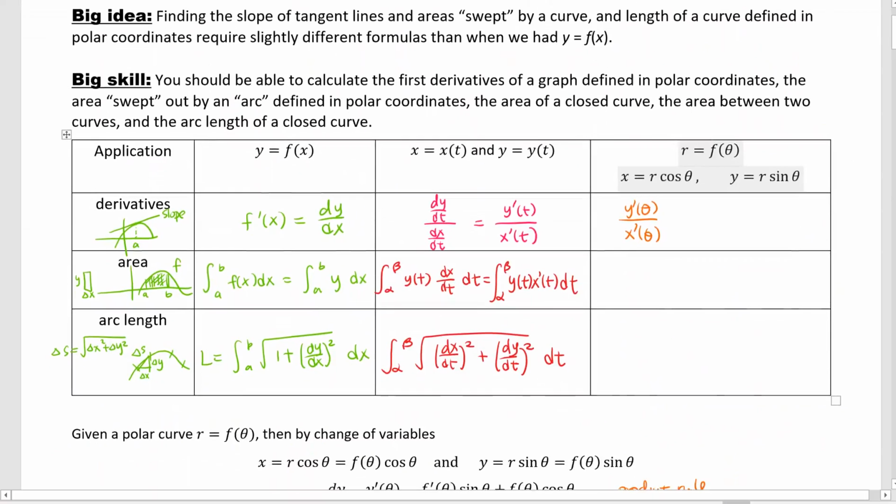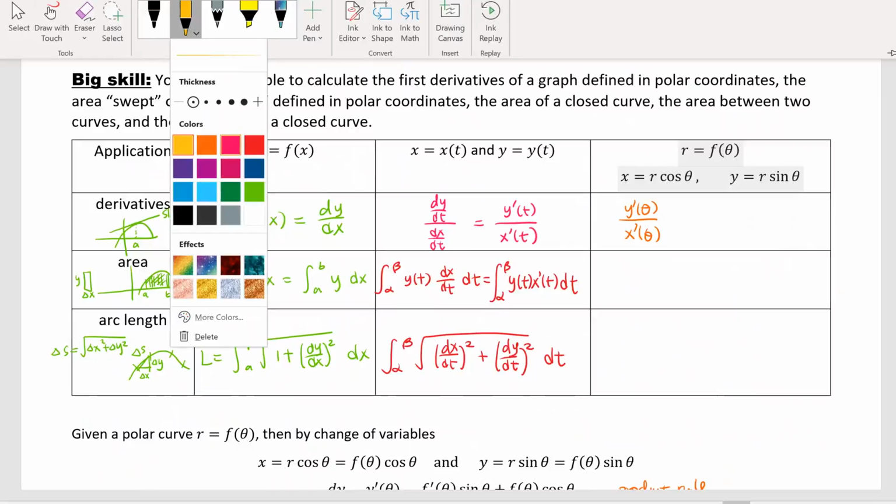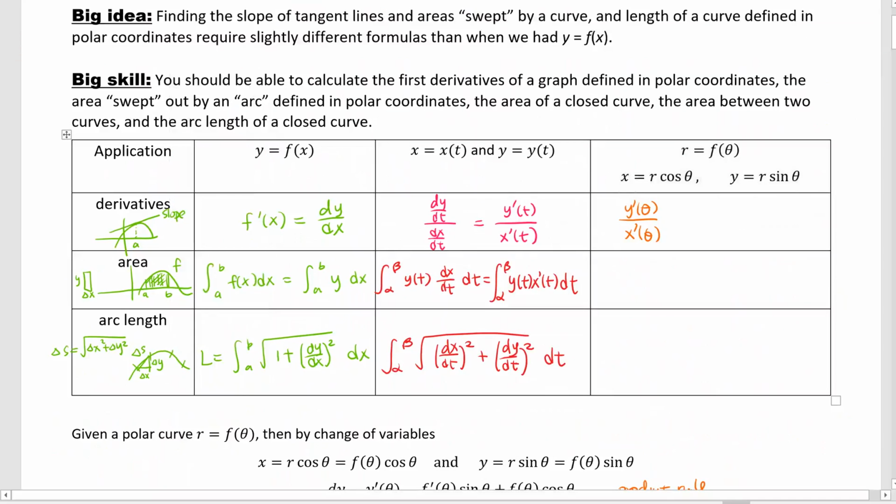Okay, let's put it down in our table. I hope this table, as a comparison, helps you compare them better, and then hopefully you won't get confused by many formulas. Okay, so here let's say theta is between alpha and beta, and then we have 1/2 r squared d theta.